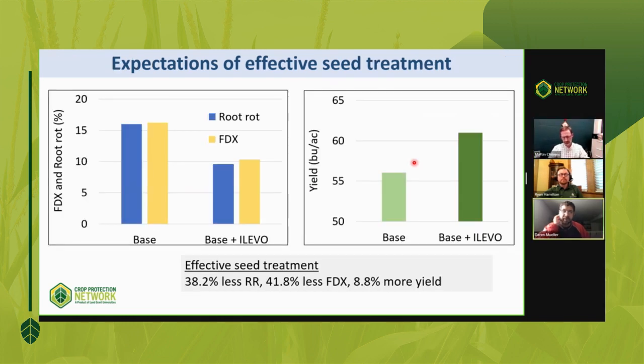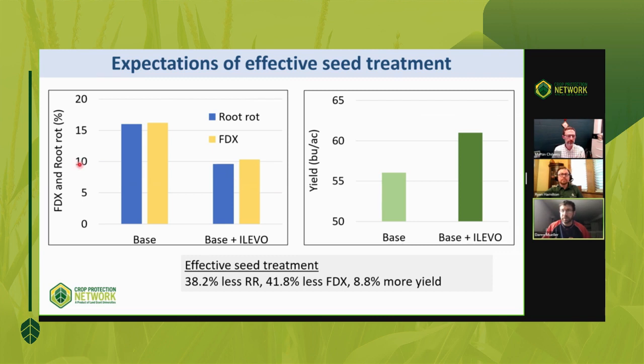Here's the same idea, but after a couple of years, like Ryan mentioned earlier, the root rot phase is important. So we started taking notes on the root rot phase too, and the seed treatments are working. In this particular data set there are a few fewer observations, only over a couple of years, but we had about 38% less root rot.